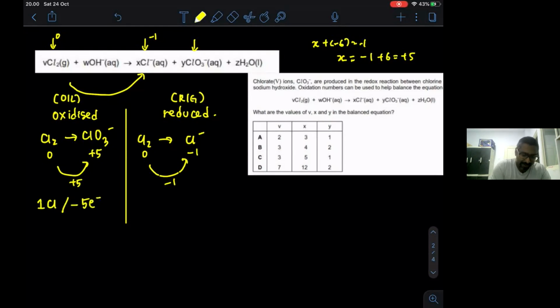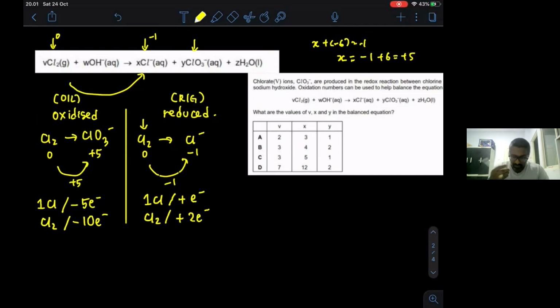But since we have Cl2, every Cl2 is going to lose 10 electrons. Please take note of this. Again, this is going to be Cl2. Every 1 mole of Cl, in this case reduction is gain of electron, will gain 1 electron. But since we have Cl2, instead of 1 electron they are going to gain 2 electrons.